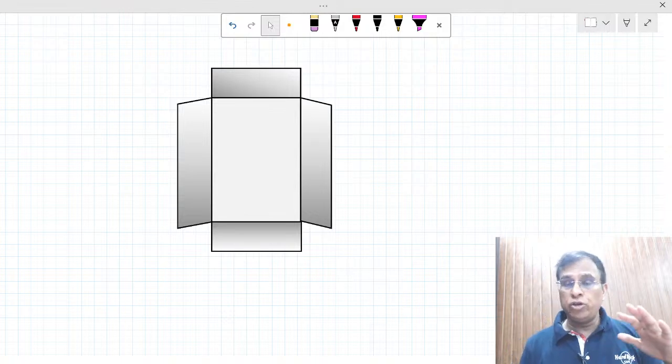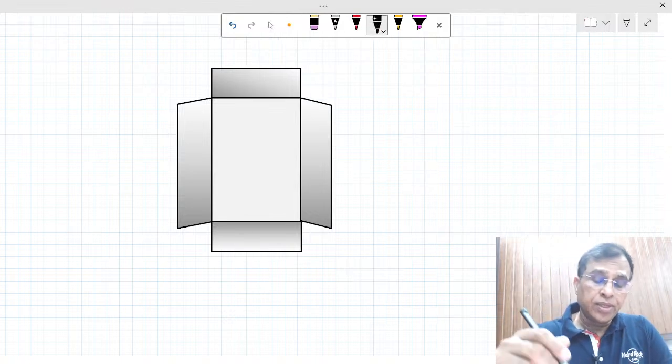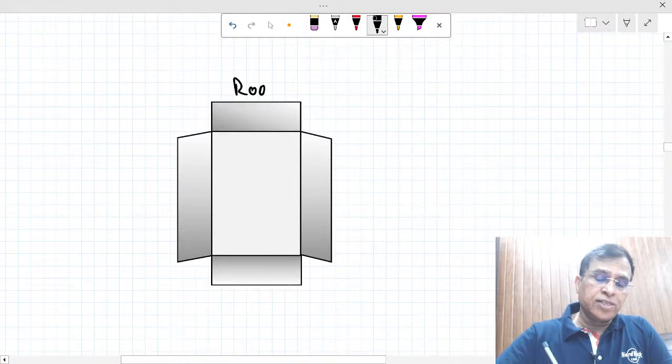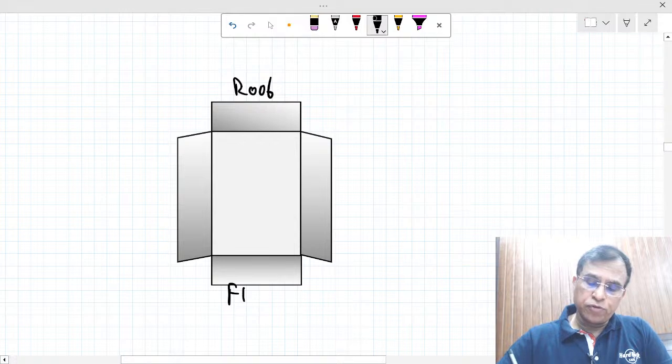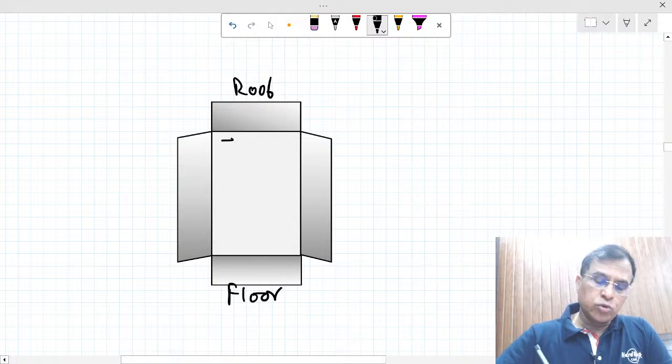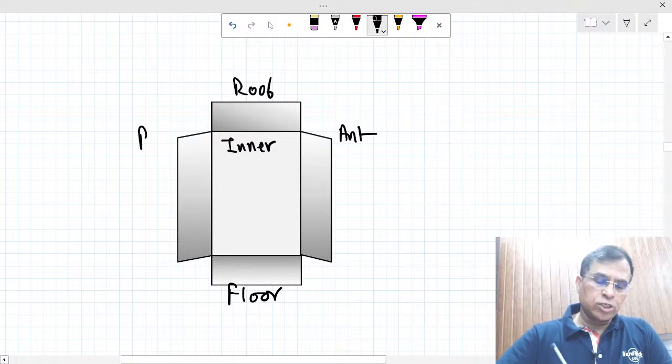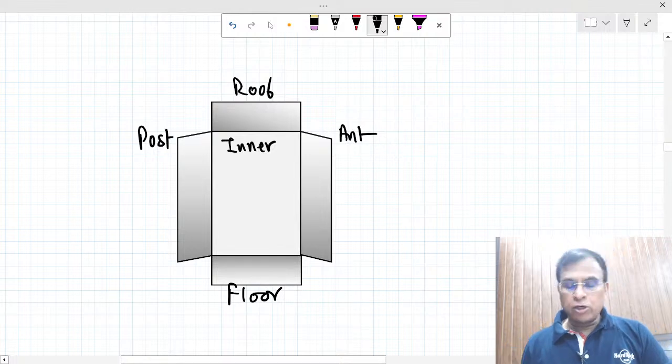This diagram is given in your notebook also. You can use that. Now don't write what I am writing now. So this becomes your roof obviously. This becomes your floor, and this is your inner wall, also called the medial wall. So one has to be the anterior wall, one has to be the posterior wall, and the outer wall, which is the tympanic membrane, is assumed to be removed.